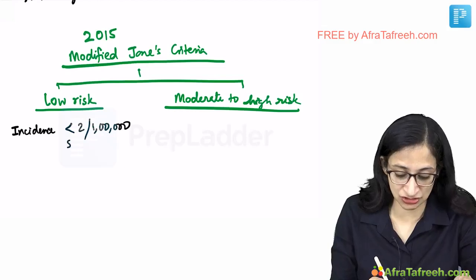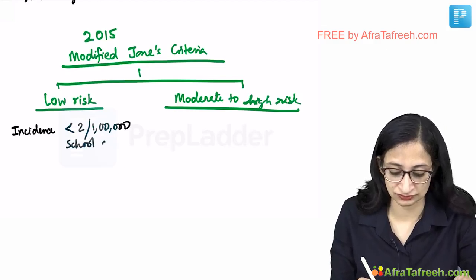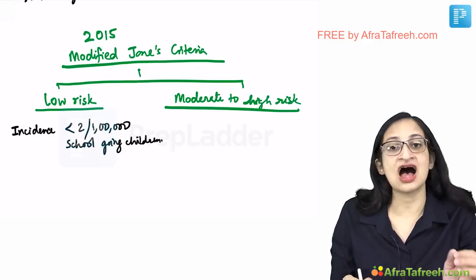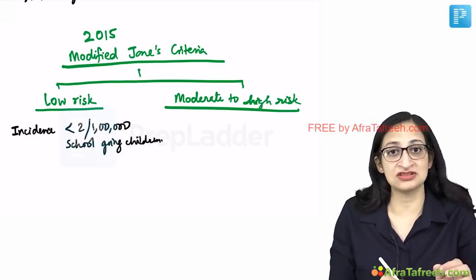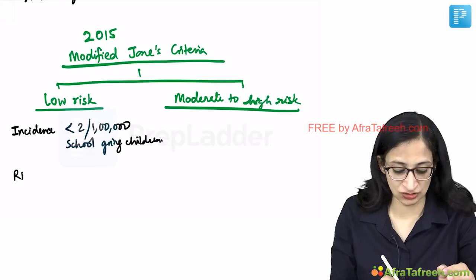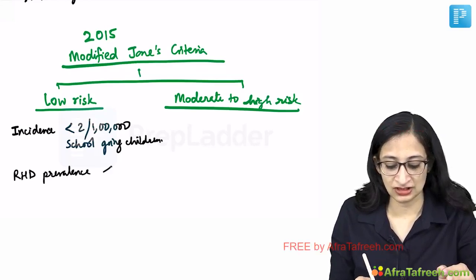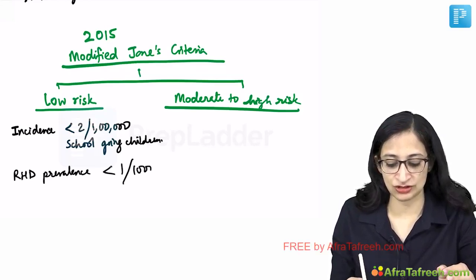That is the definition of low risk population. And the RHD prevalence in the low risk population is less than 1 per 1000 population.